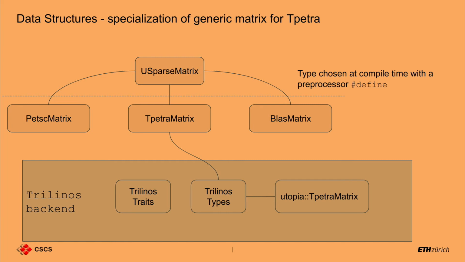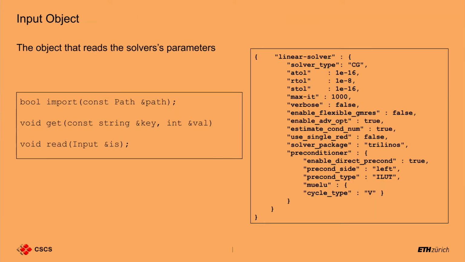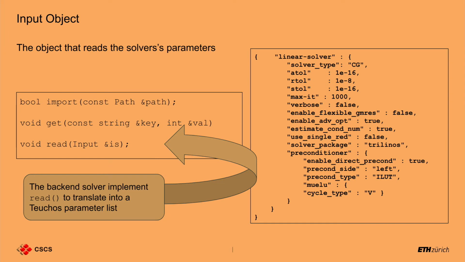Then another point is the input object. What we have is an input object that's reading a file. This is our data file. It's a generic data file, and this data is stored in the input object. Then the solver of the backend has to implement how to read the data from this generic input object and create the correct parameters for the solver.